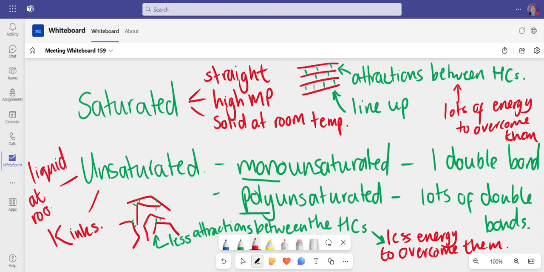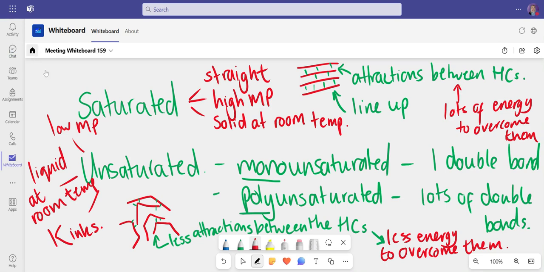So something like an oil. Because these are really easily overcome. They're really easily separated out. These really easily form the molecular arrangement of a liquid where the molecules can move around relative to one another. So they've got quite a low melting point. They're liquid at room temperature, and this is because of the kinks and therefore less interactions between them. And it forms basically oils.